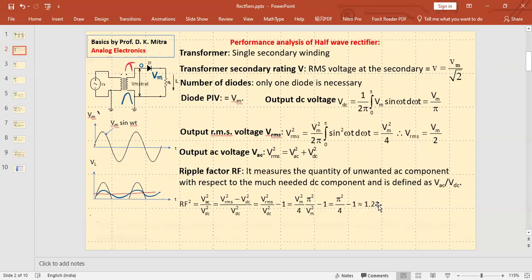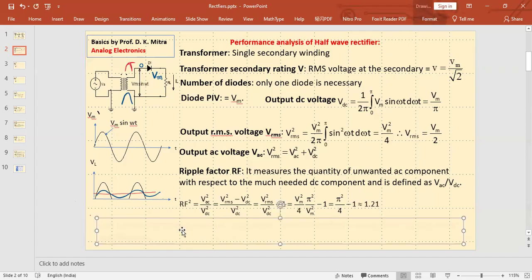But don't lose heart. It is not as hopeless, because later on we shall see how filters work. We shall add filters to these rectifiers. These filters are not very costly and are simple in design. These filters will remove the AC component, and obviously the ratio of AC to DC will improve. So without the filter, it is a hopeless rectifier, but with a filter, it will become useful, right?